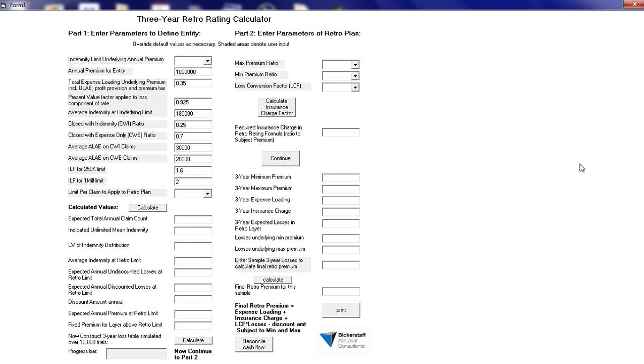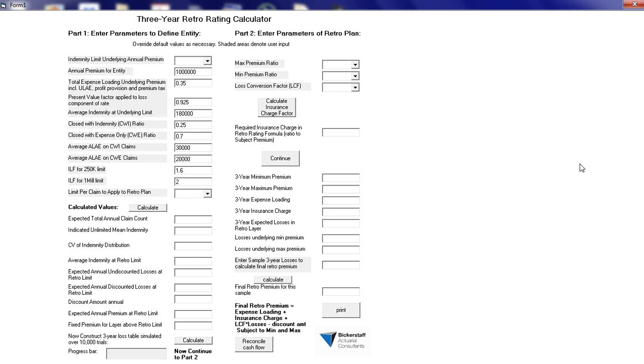Retrospective rating is a concept that's been around at least as long as I've been in this profession, which is, let's say, several decades, and way before that even. I'm assuming that if you've clicked onto this, you have a general idea of what retrospective rating is.